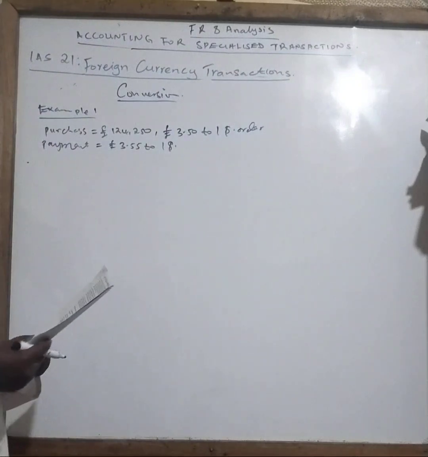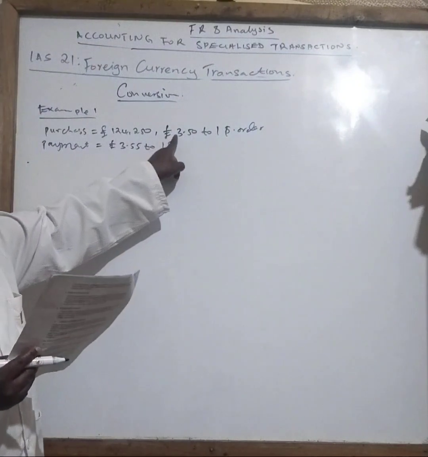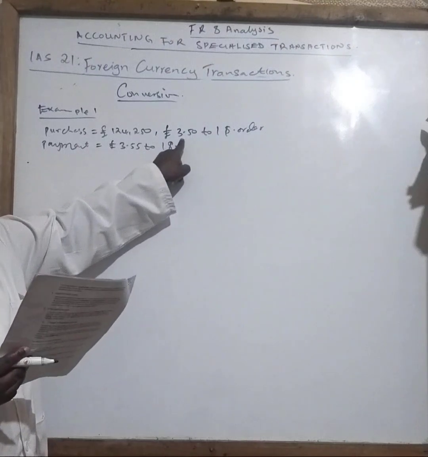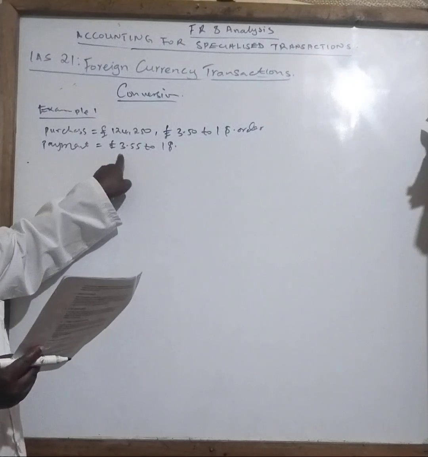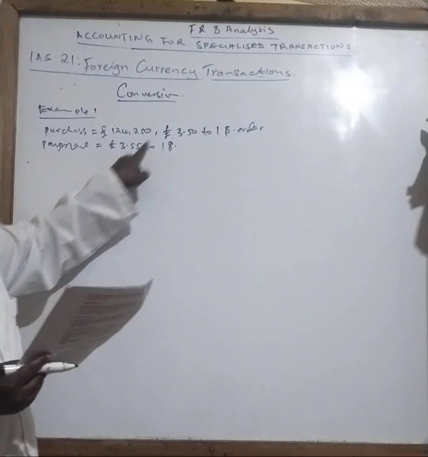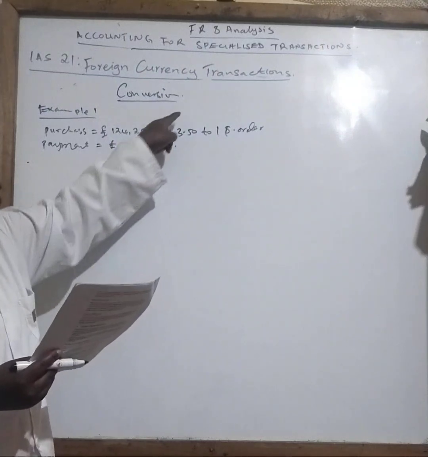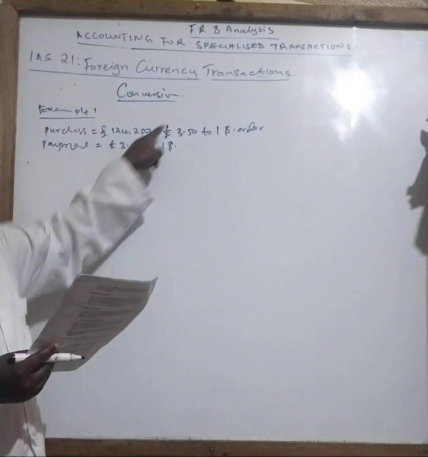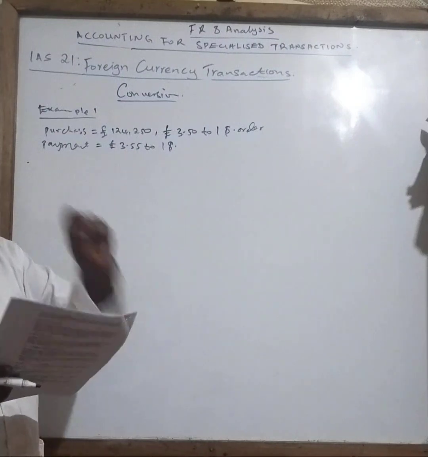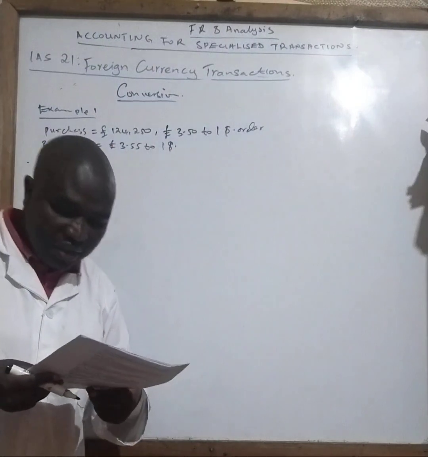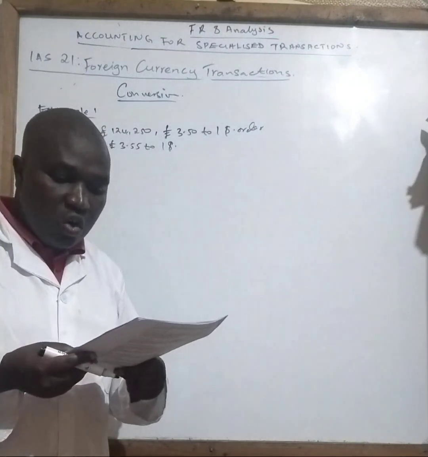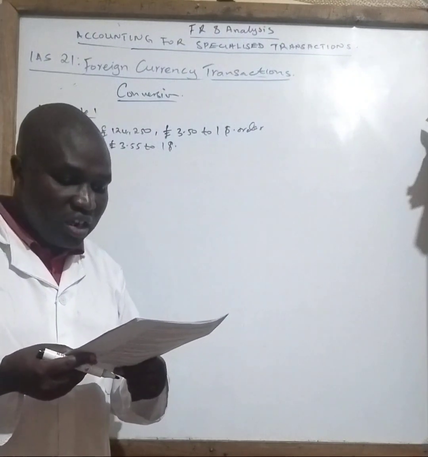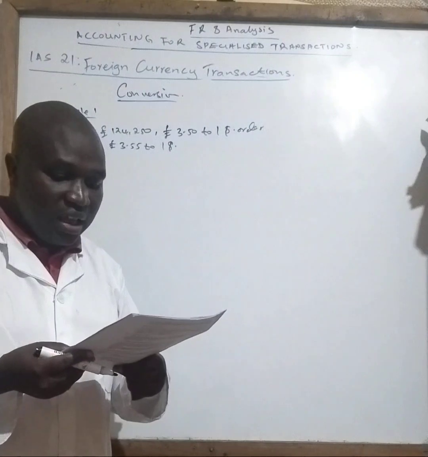So when you look at this carefully, the exchange rate at the time of transaction is different from the exchange rate at the time of payment. Therefore, this will give you what we call exchange difference. And this exchange difference can either be a gain or a loss. Correct. Question: how would the local company record the transaction in its books and determine gain or loss?